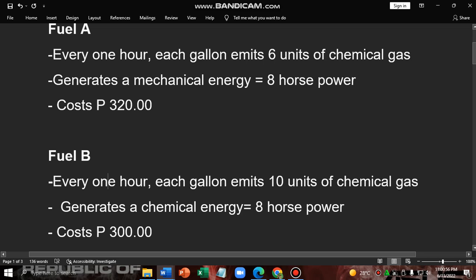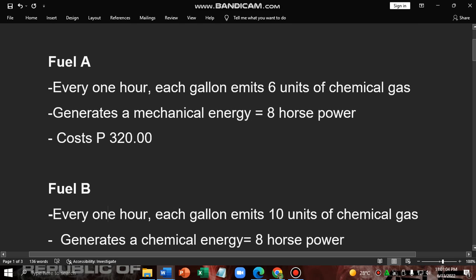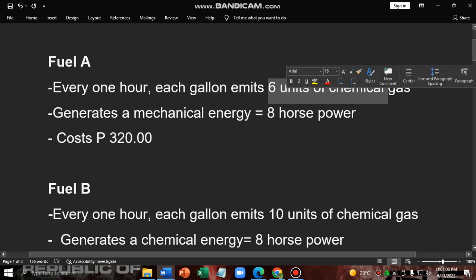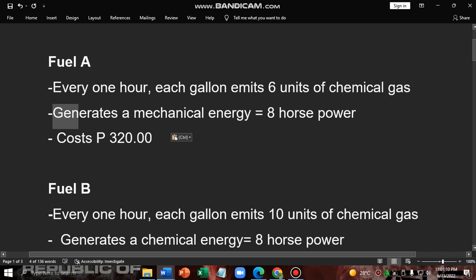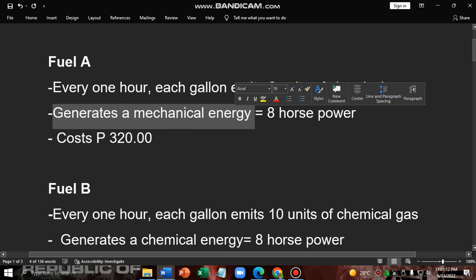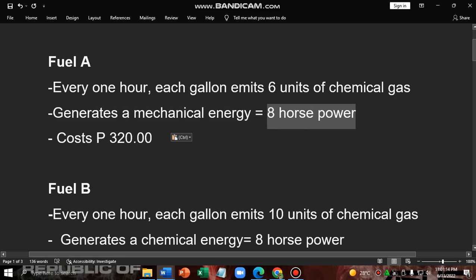The machine specifications and requirements show that for every 1 hour of production time, each gallon of fuel A emits 6 units of chemical gas, generates mechanical energy equivalent to 8 horsepower, and costs 320 pesos.